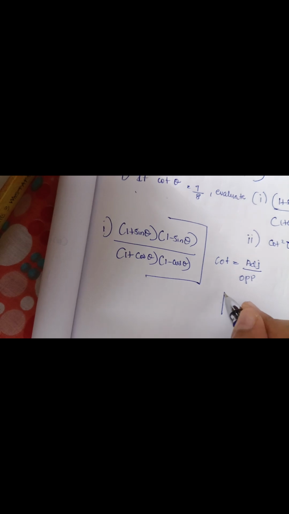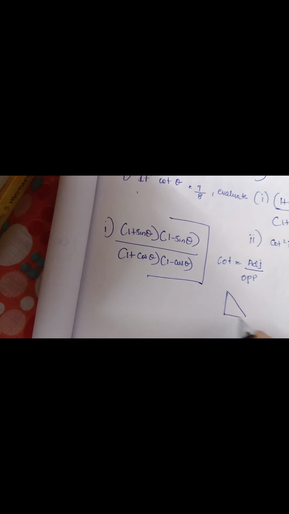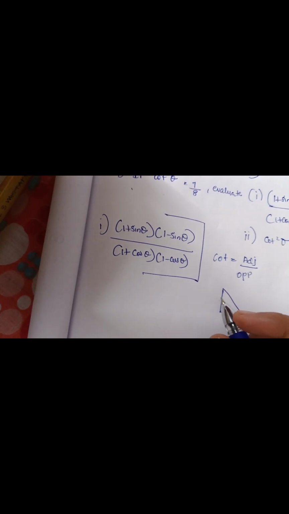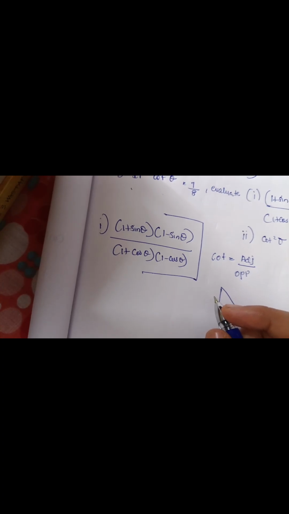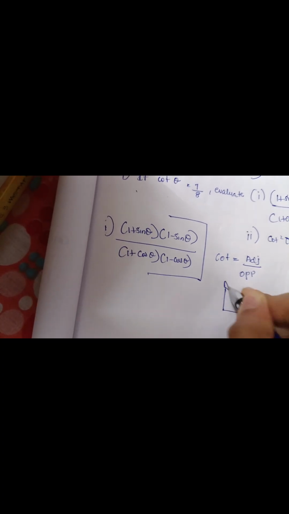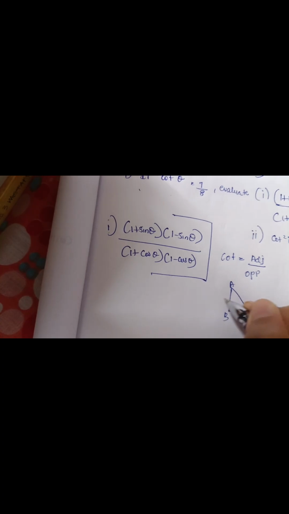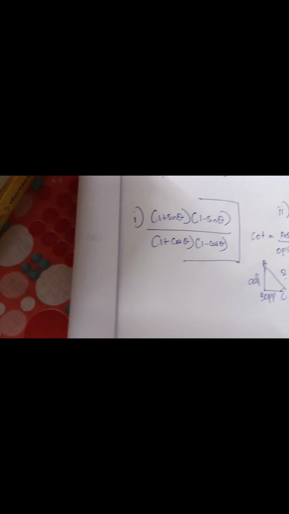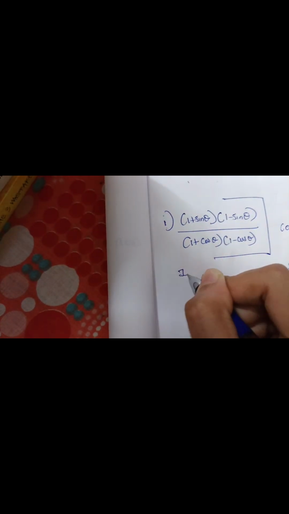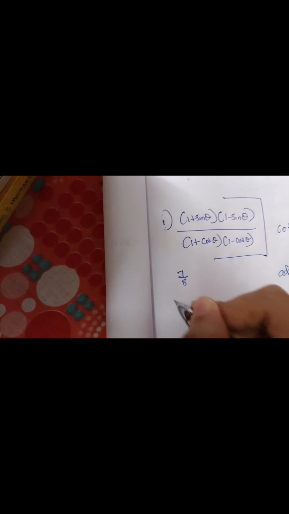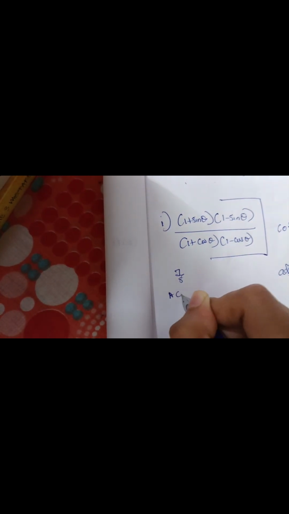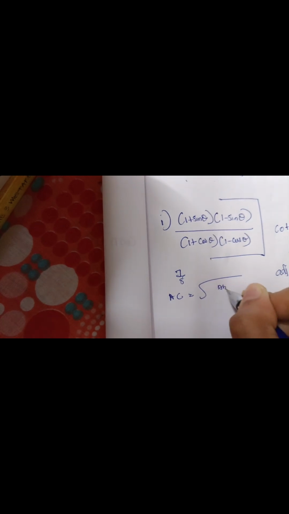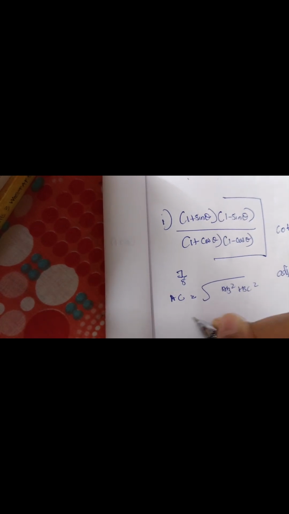So when we draw a triangle, we can take this ABC and adjacent, opposite. So we need to find the hypotenuse. So adjacent by opposite is given as 7 by 8. So to find the hypotenuse, AC square, AC equal to the root of AB square plus BC square.